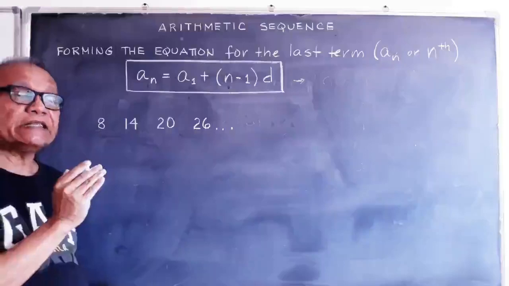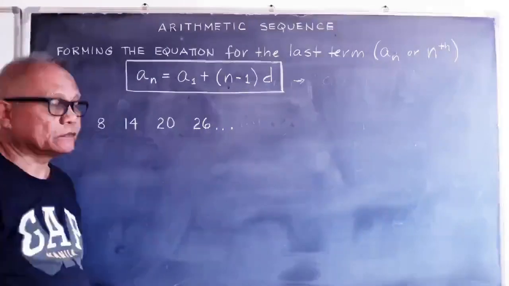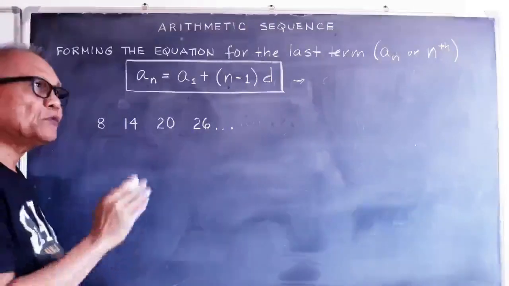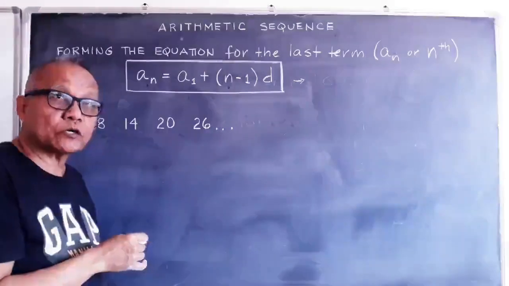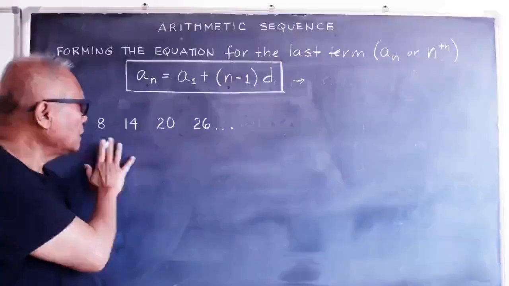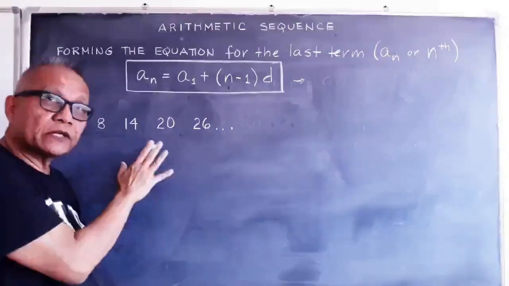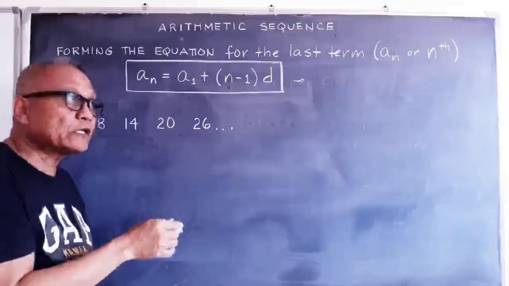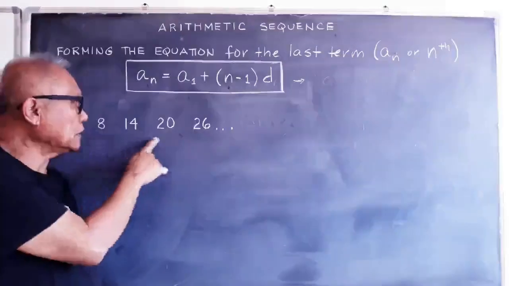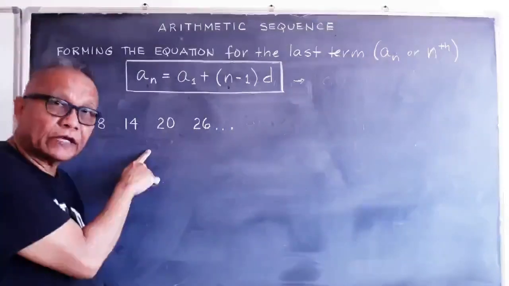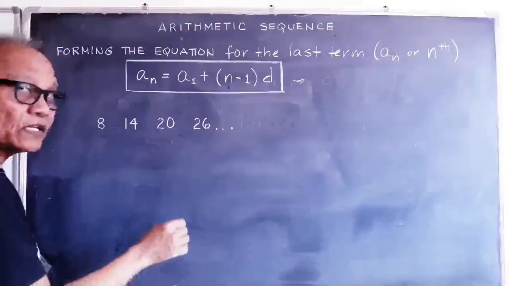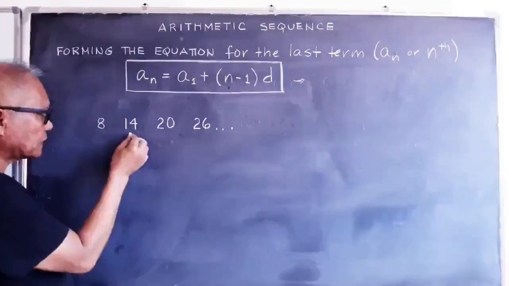Sometimes we are adding a negative number. So when we are adding, the opposite of addition is subtraction. So here, to find that number that we are going to add, we need to subtract the numbers in the sequence. And that is called the difference.